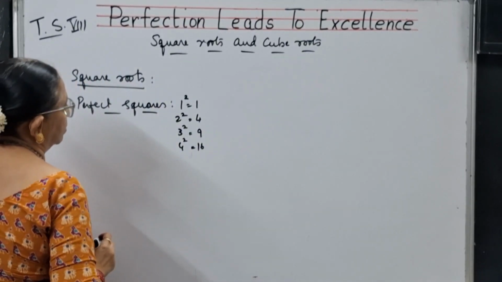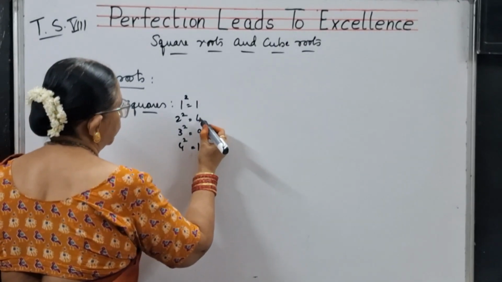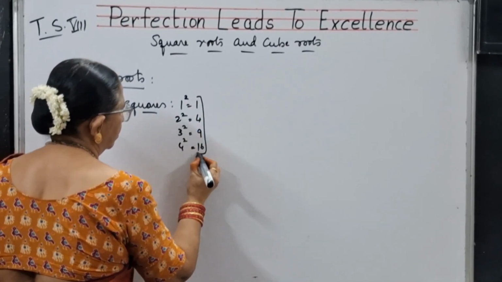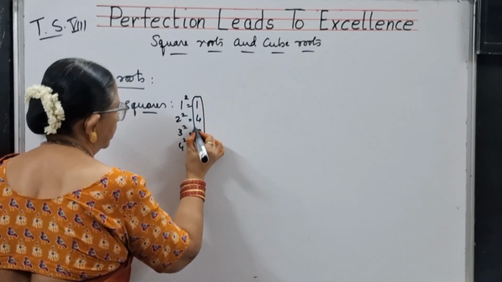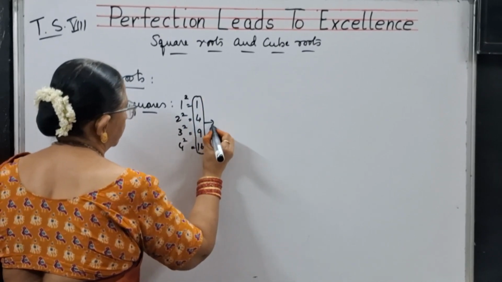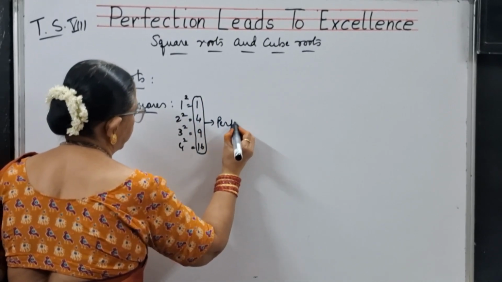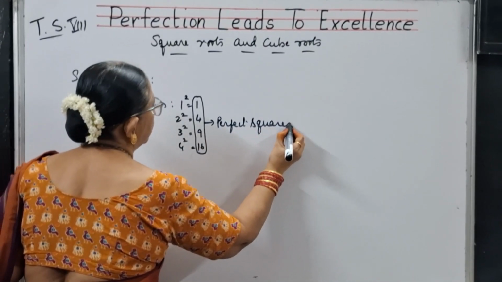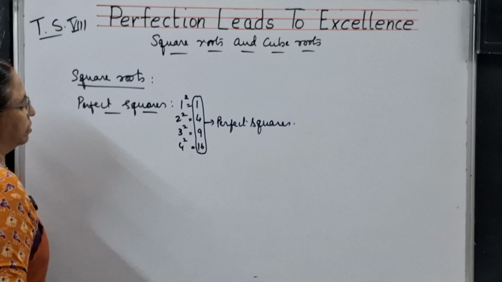So, in these cases, 1, 4, 9, 16, these all are called as perfect squares. Why do you call them as perfect squares?